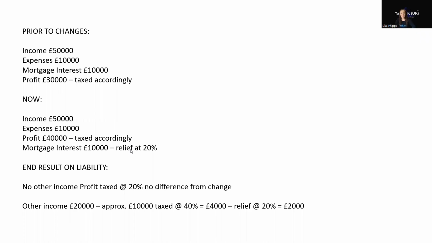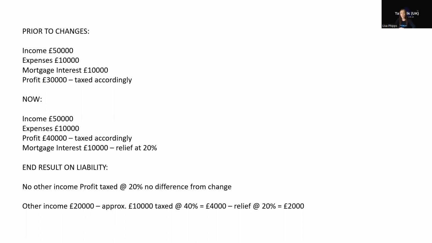So if we now add in some other income, that will absolutely illustrate how the changes actually impact our liability. If you've got no other income, you've got your profit of £40,000. Assuming you're a standard rate taxpayer, your profit will be taxed at 20%, so you'll get the relief at 20%.